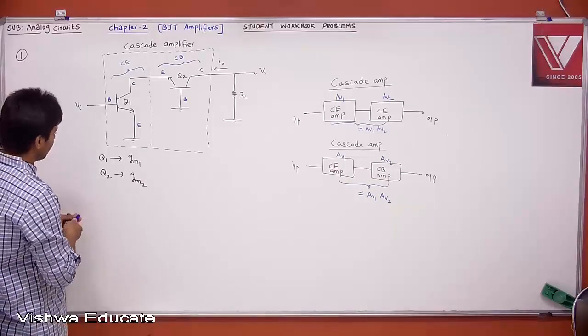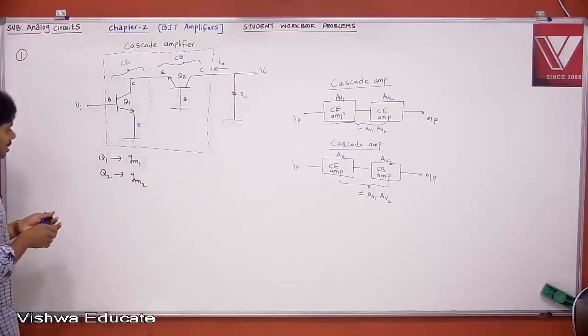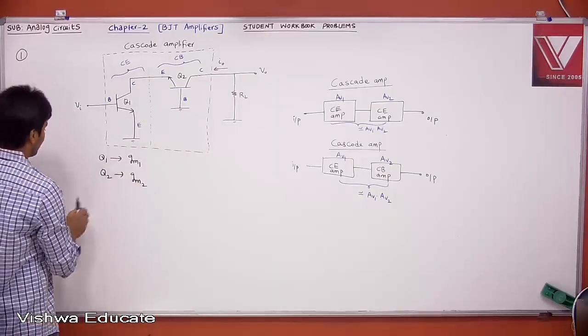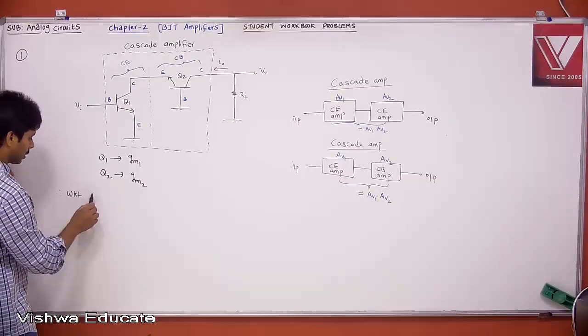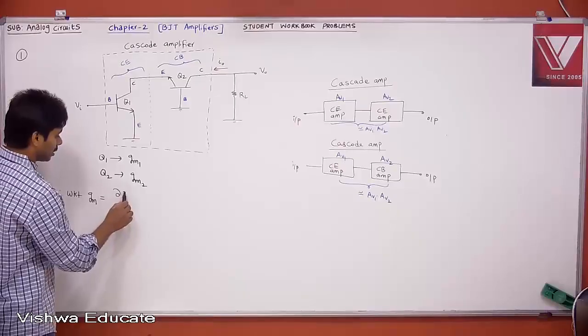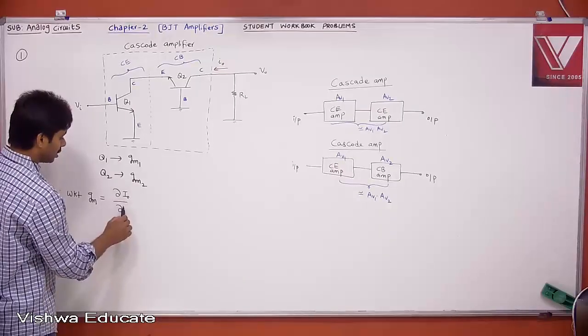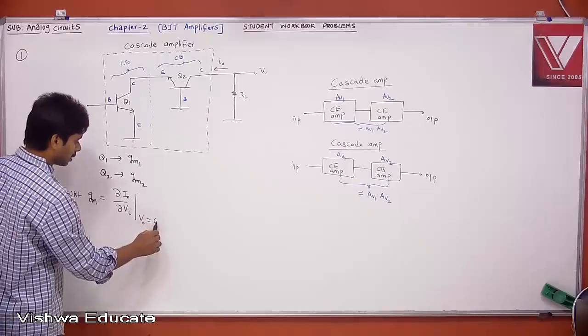Now, the question is, this has GM1, this has GM2, then what is our overall transfer function? First of all, what is GM? We know that GM is nothing but the change in output current with respect to change in input voltage when your output voltage is constant.